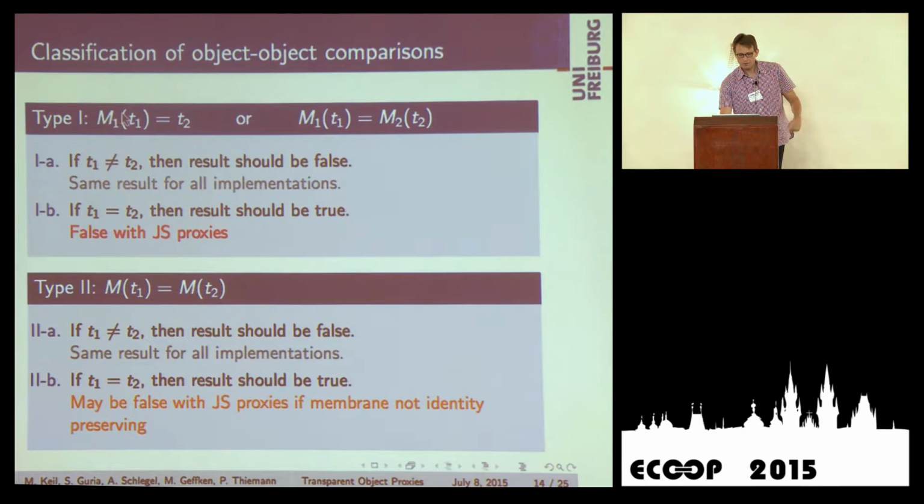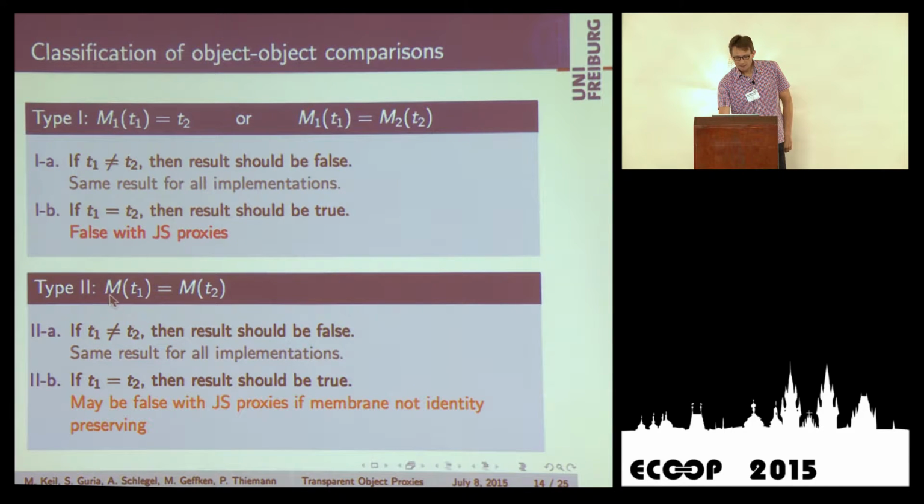So M1 of T1 is different to T1, and similarly M1 of something is different to M2 of something. So if you see 1b comparisons, then these are programs that change their semantics.